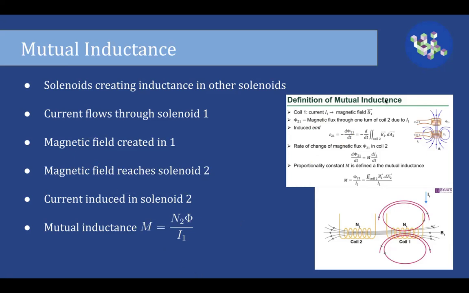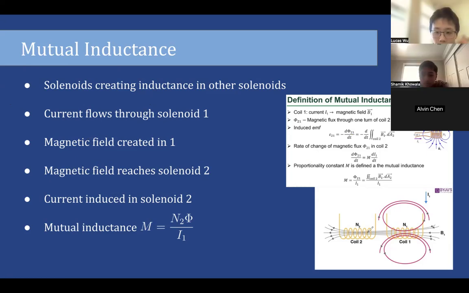So mutual inductance is basically where you have two solenoids. We can use this diagram. You have coil 1. You have a current flowing through solenoid 1, and this creates a magnetic field, right? Because B equals mu 0 N I. This magnetic field will encompass space and reach the second solenoid over here.